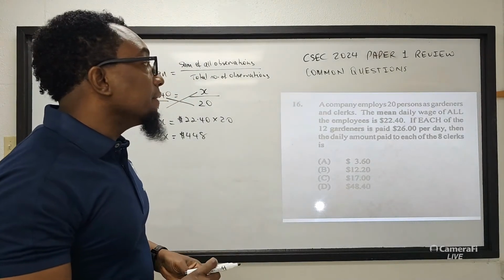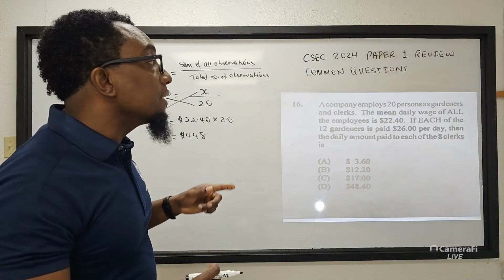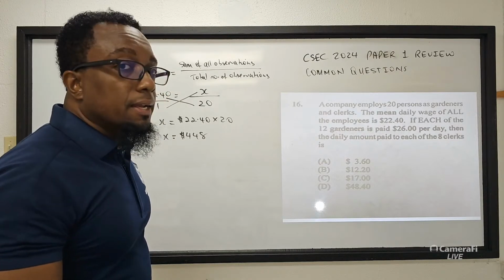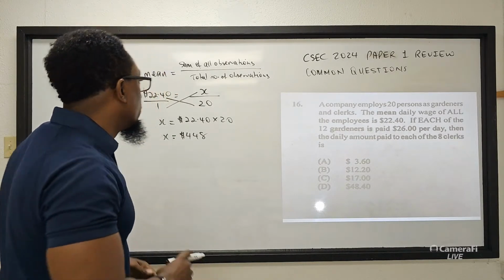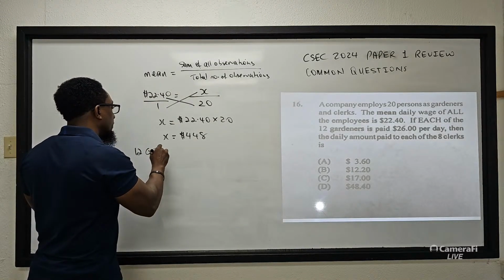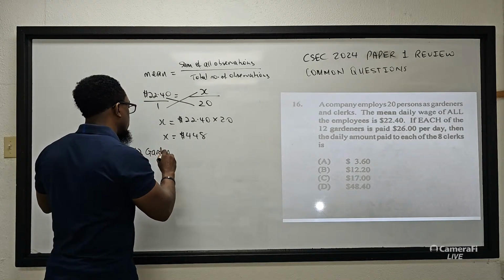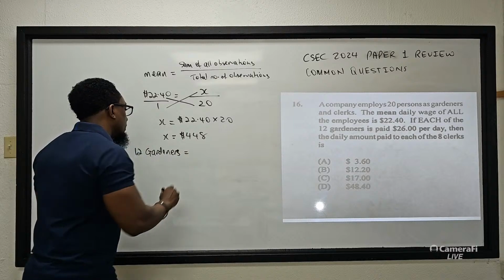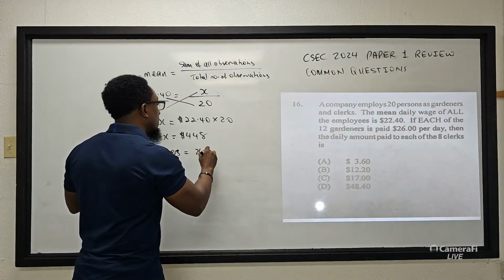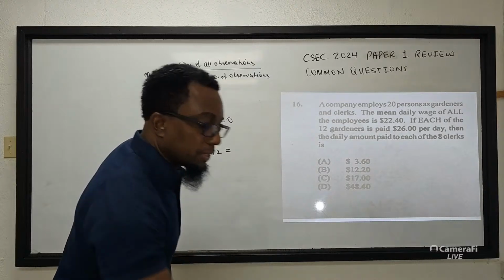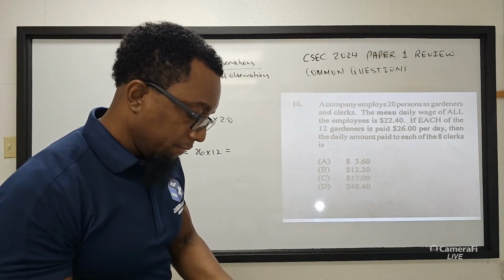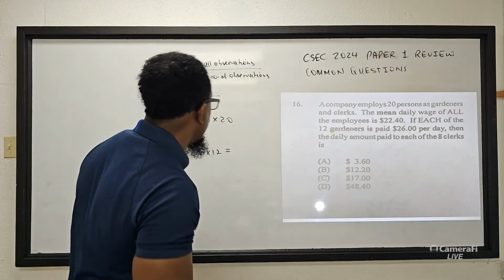But it's stated here, if each of the 12 gardeners is paid $26 per day, right? So let's calculate how much the gardeners will get. So 12 gardeners will be paid $26 by 12, and 26 by 12 will give us $312.